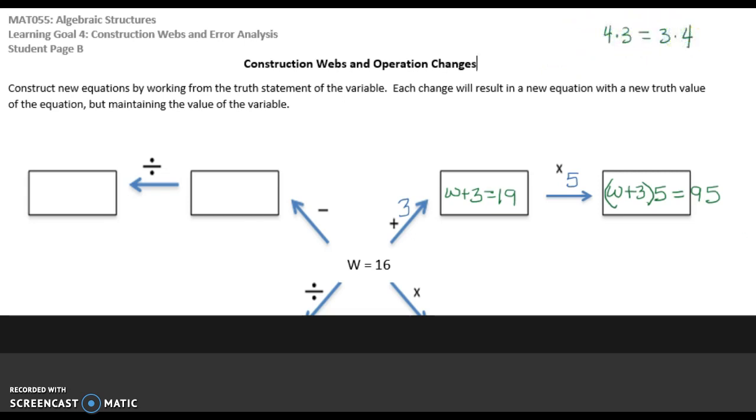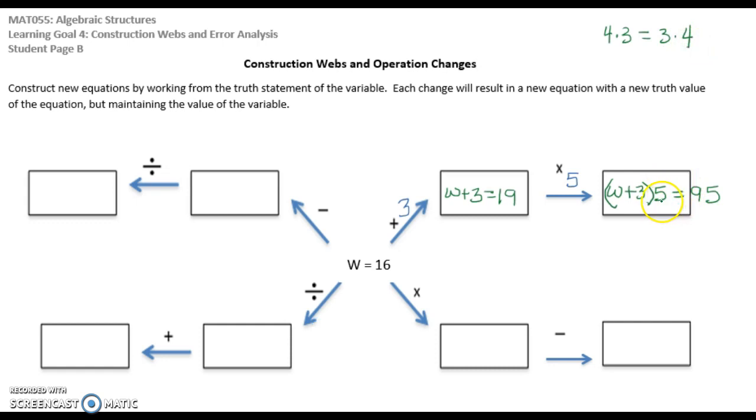So the fact that I put it in behind is just indicating that it was done second rather than first. But you could also write this as 5 times the quantity of w plus 3 equals 95, just for convenience sake. Okay, let's move on to this lower left-hand side.